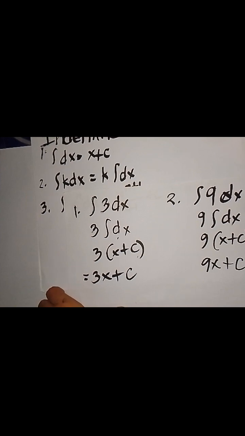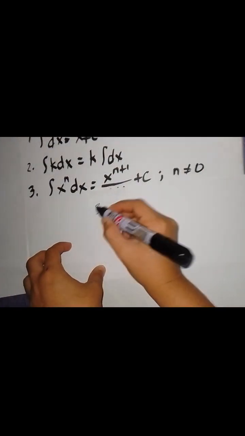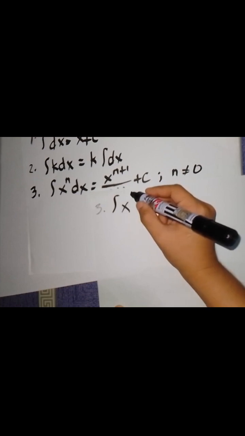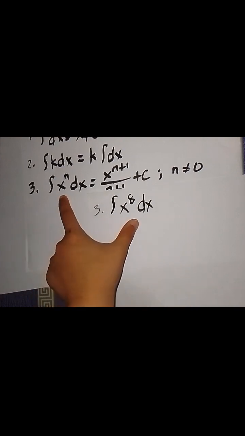Let's have another example for another property. Third example: the integral of x raised to 8 times dx. This third problem is the same as the third property. They have the same form, so we're using this guide.